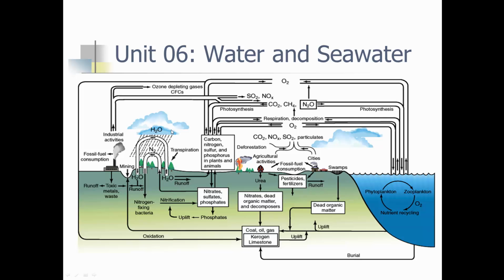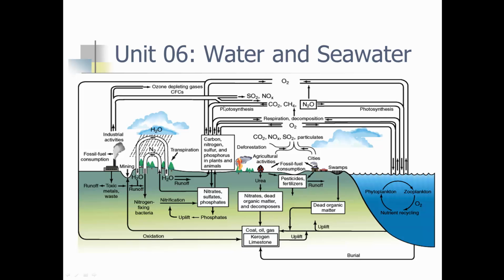And then the last slide of Unit 6, where we talk about water and seawater. These are all the cycles that go through. You can talk about ozone depleting gases, the CFCs, way up here. If you talk about oxygen, you can get oxygen going out of the ocean, and you can also get it coming off the land.